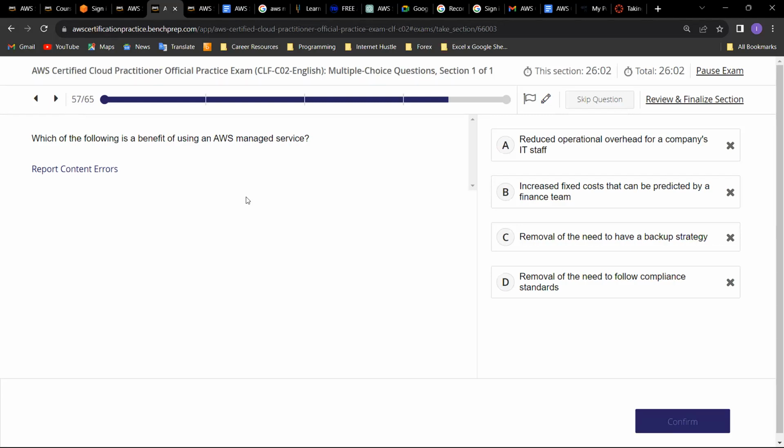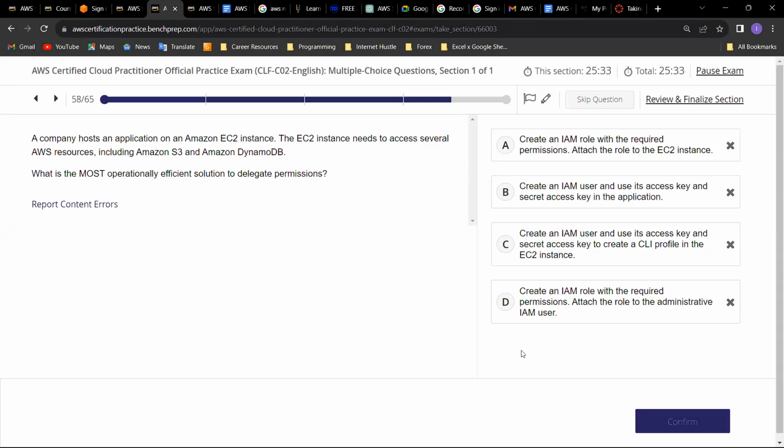Which of the following is a benefit of using an AWS managed service? Choose the best answer. That's why we use the choose the best answer. Okay, so we are having a lot of A's.